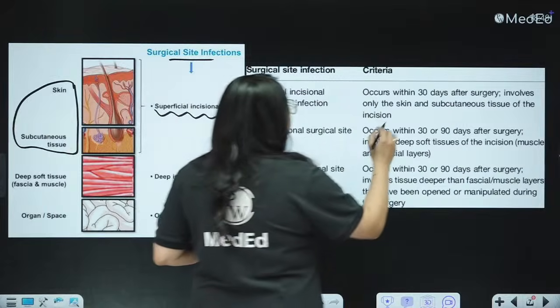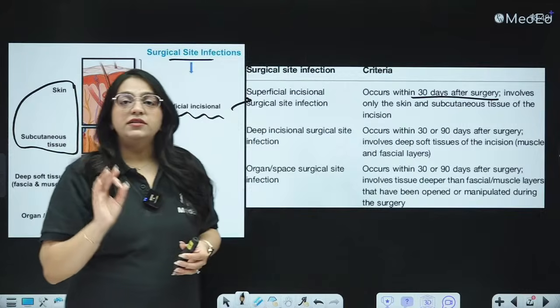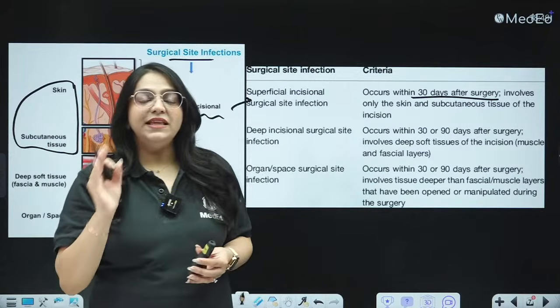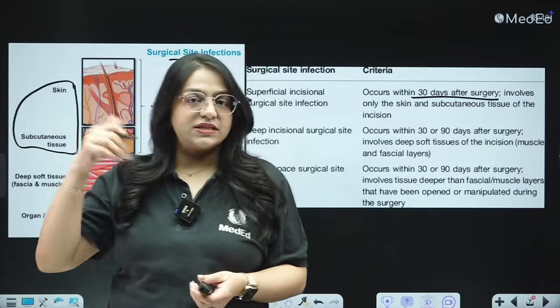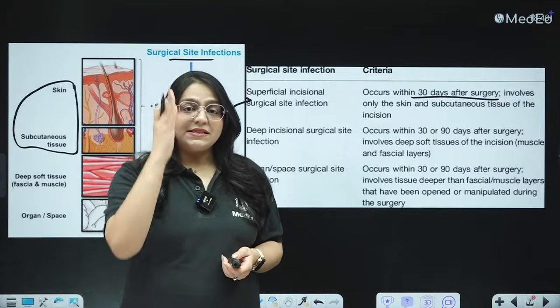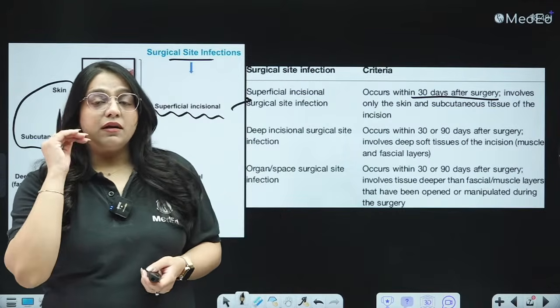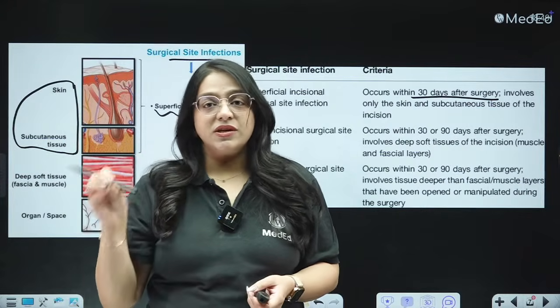It is 30 days. So within 1 month after the surgery, if there is any pus discharge, erythema, redness, increasing pain, tenderness, any signs of infection at the site of incision up to the skin and subcutaneous level, we call that superficial incisional SSI.